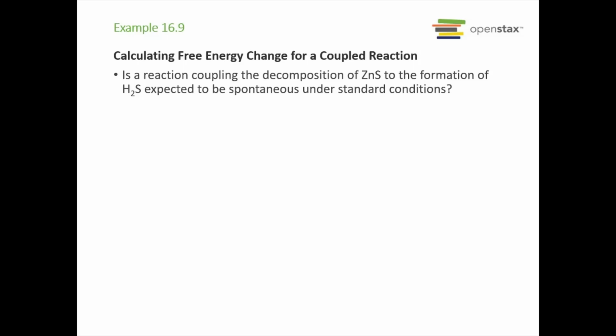So the first reaction we have is the zinc sulfide decomposing. So ZnS, it's decomposing, meaning it's forming zinc solid and solid sulfur. And delta G standard, we're going to call this delta G1, is equal to 201.3 kilojoules.